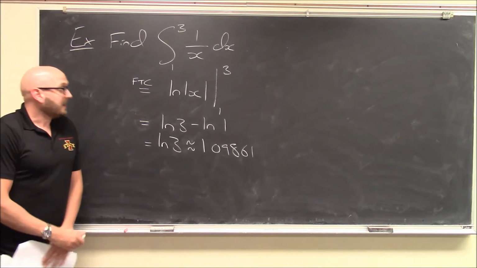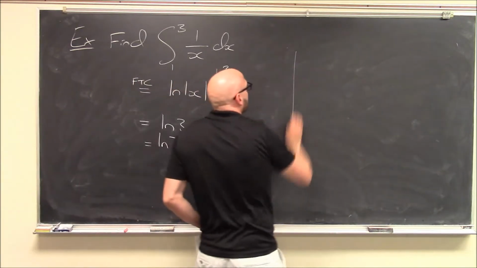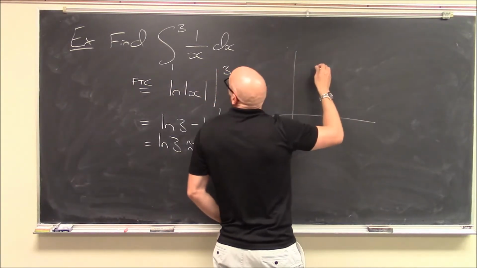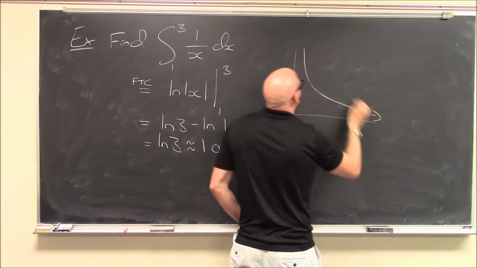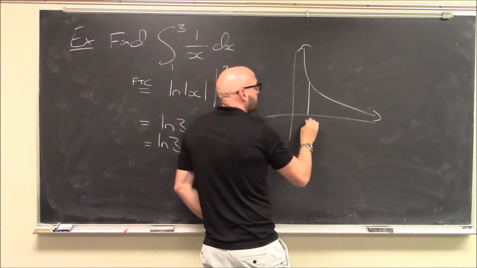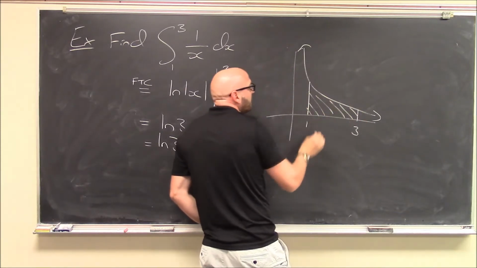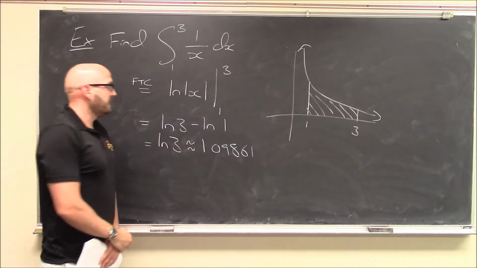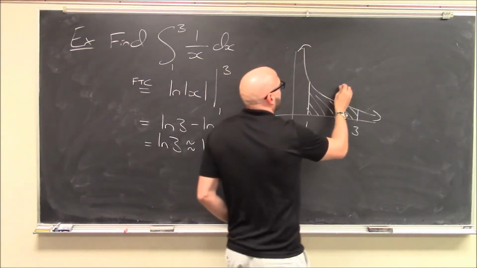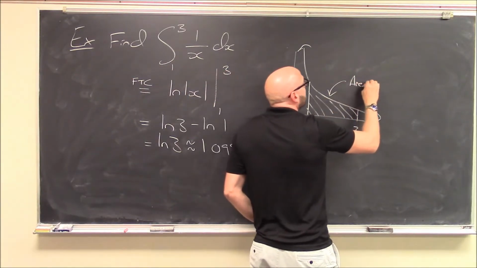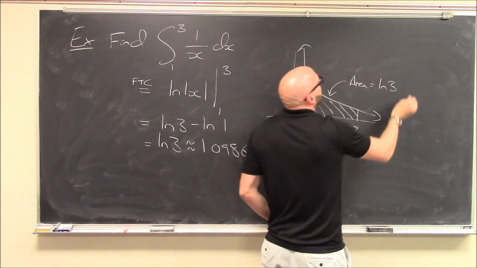And that's it. That's the exact area under the curve. If you graph 1 over x, and you wanted to know the exact area from 1 to 3, this area is exactly equal to ln of 3.